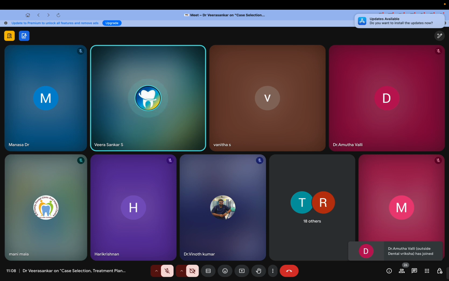Starting with 0.1, it is difficult to achieve this 0.1 millimeter of space with other modalities. Sometimes you can use paper strips, that is one-sided proximal strips, or double-sided metal strips, which also help achieve this 0.1 millimeter of clearance between the tooth surfaces. But the space should be given so as to achieve the ideal desired results as per our plan.